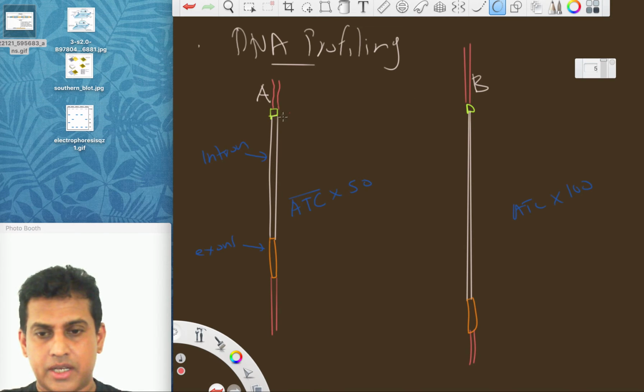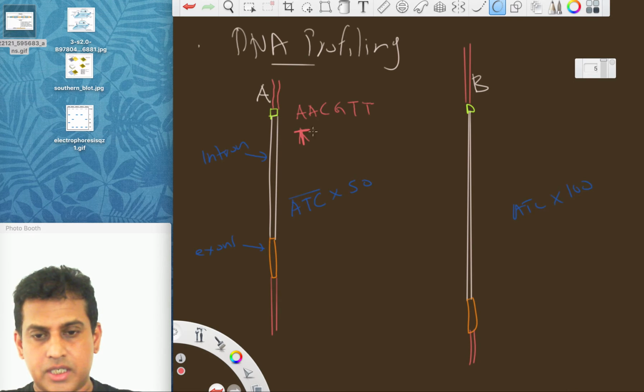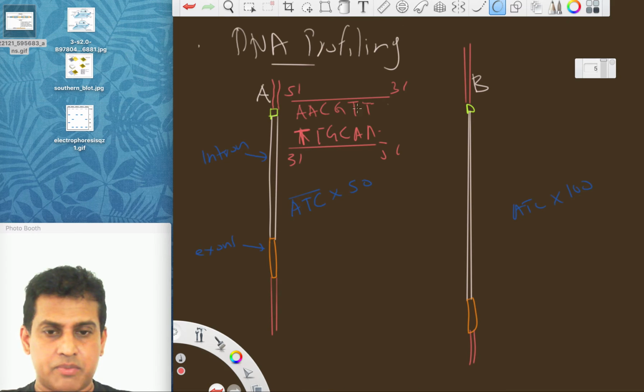The palindrome site has a very special sequence like A, C, G, T, T, and here the base pairs are T, T, G, C, A, 5 prime to 3 prime, and here 3 prime to 5 prime. You can observe the 5 prime to 3 prime is A, C, G, T, T. If you go in this direction, it's the same, and when you read again 5 prime to 3 prime, it's A, C, G, T, T. That's a palindrome site, and that's a site for the restriction endonucleases.